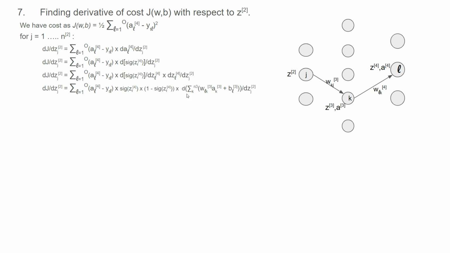Now again we will differentiate all the elements in this summation with respect to dz_j2. Since b_L3 is a constant, its differentiation with respect to dz_j2 will be 0, and each element a_k3 will be differentiated with respect to dz_j2.